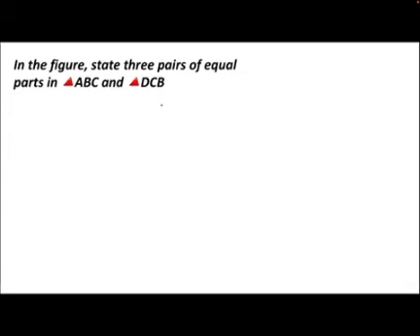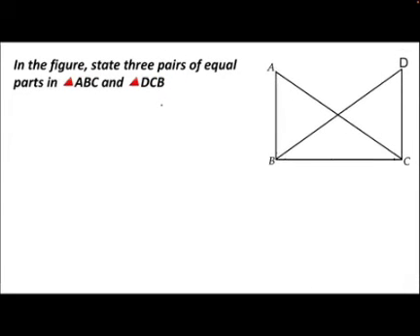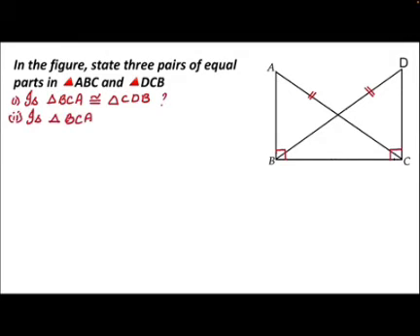Now in the figure, state 3 pairs of equal parts in triangles ABC and DCB and prove that the two triangles are congruent to each other. It's very simple, children. Is triangle BCA congruent to triangle CDB, or is triangle BCA congruent to triangle CBD?